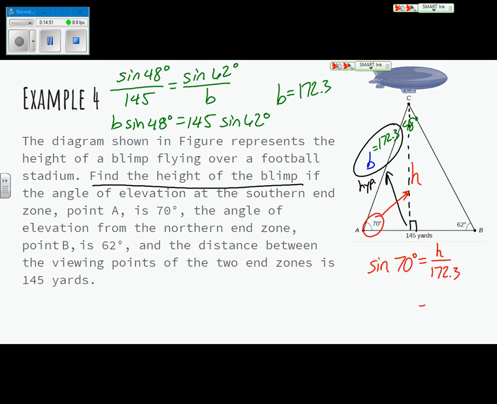To find h, I'm simply going to multiply both sides by 172.3. I get sine of 70 times 172.3, and that gives me 161.9 yards. And that would be the height of the Goodyear blimp on this problem.